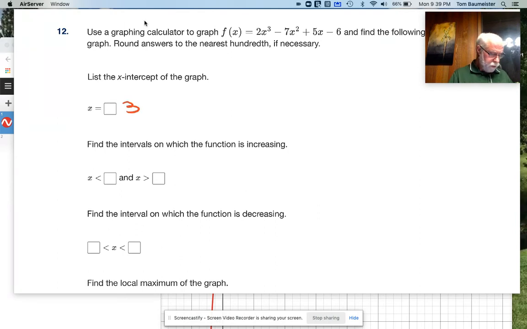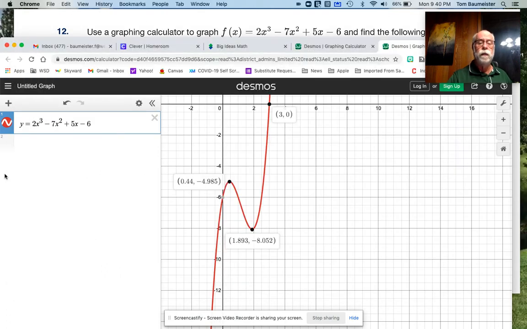And then it wants us to find the intervals on which the function is increasing. Remember, it's the x values. All right, so if again I go back to this here, where is it increasing? It's increasing right here, right?